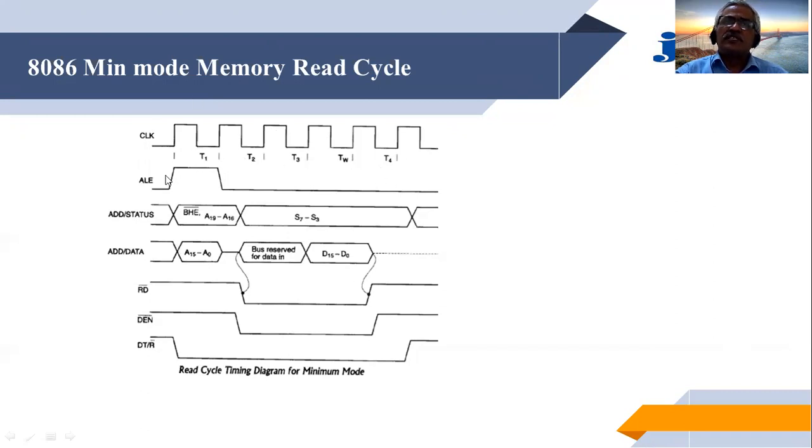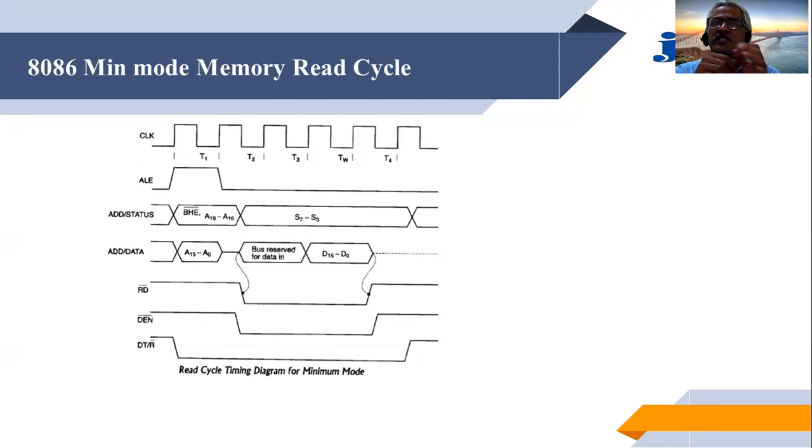During the first T state, the signal ALE is raised high. ALE is address latch enable. When the latch is enabled, the addresses A0 to A15 are then put onto the bus.